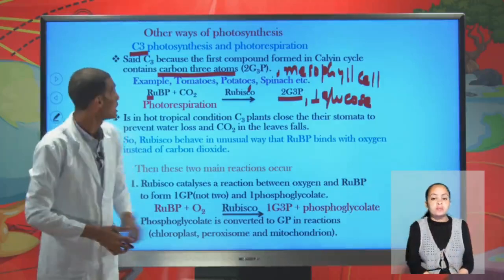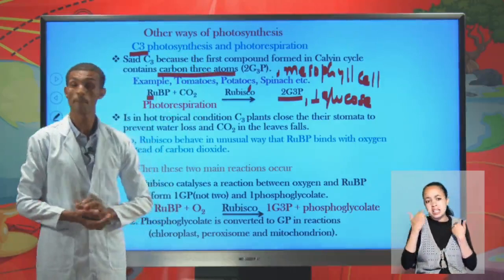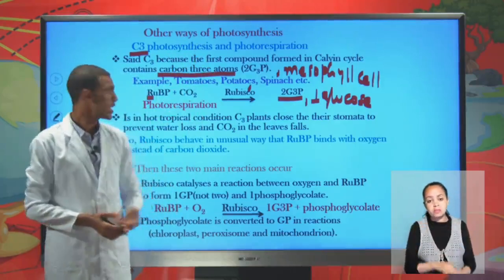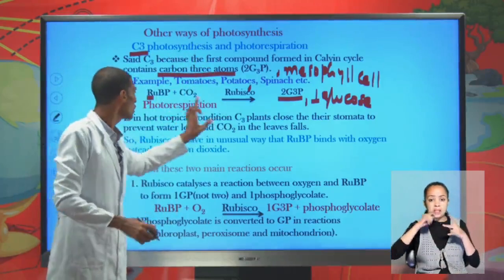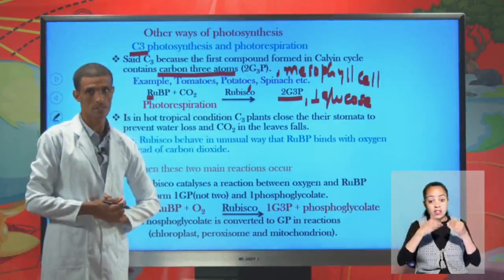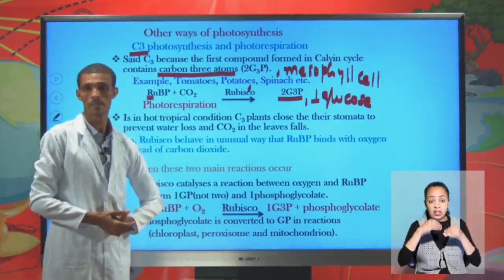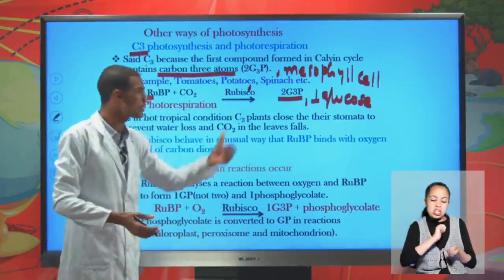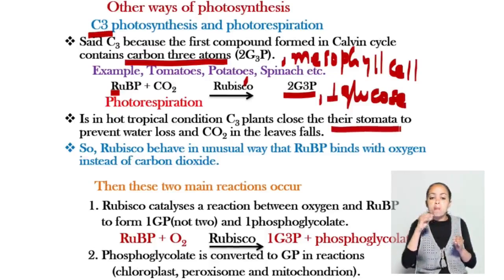In this case, these plants may have certain limitations under certain conditions. In a hot tropical environment, if they encounter intense heat, they change their adaptation. They will try to close their stomata, which are pores for exchange of gases, carbon dioxide and oxygen.